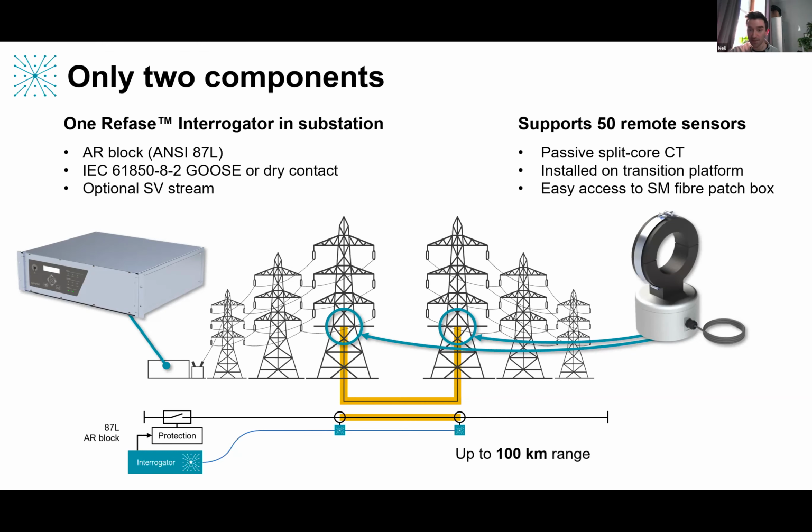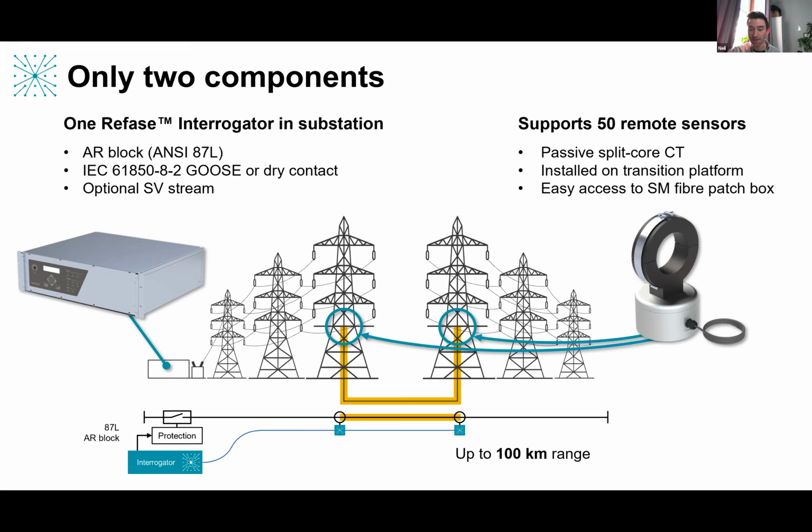So for this application, the sensor is our photonic current transducer, which you can see there on the right-hand side. This is essentially just an industry standard iron core current transformer, split core or solid core, depending on the installation. And the secondary side of that is instrumented by our passive fiber optic technology. So these are installed for this application at the transition platform between the overhead line and the underground circuit.